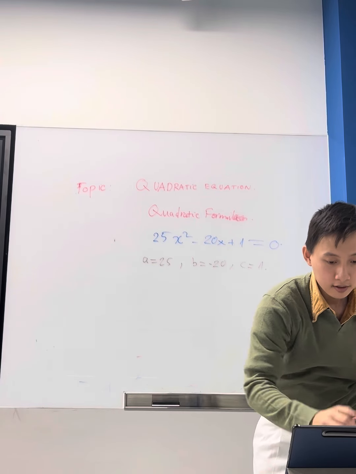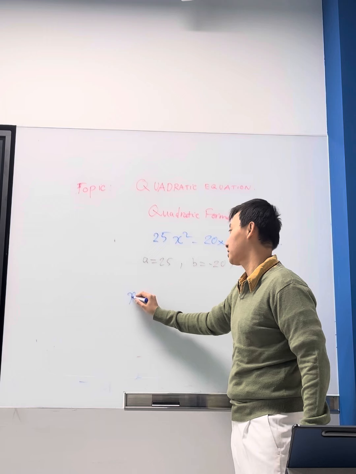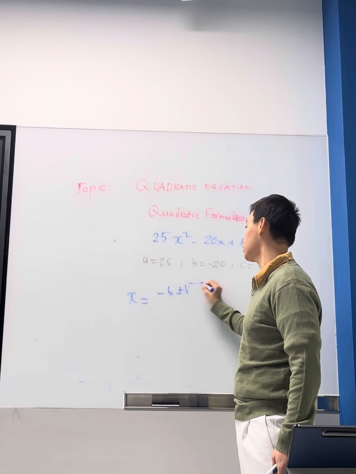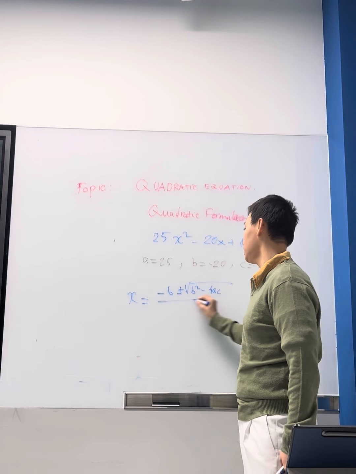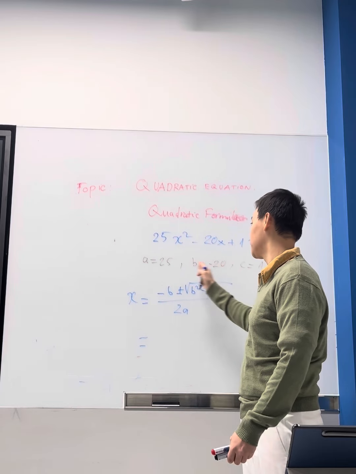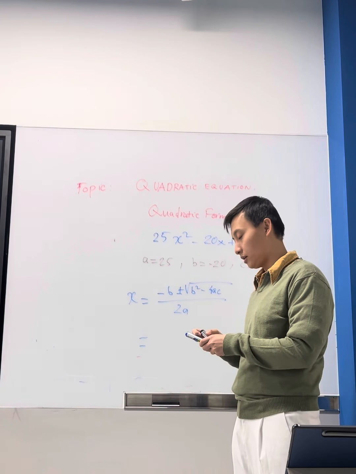So apply the formula. We have x equal to minus b plus or minus the square root of b squared minus 4ac, divided by 2a. Now substitute the values of a, b, c into the formula.